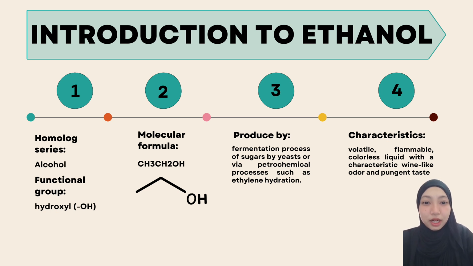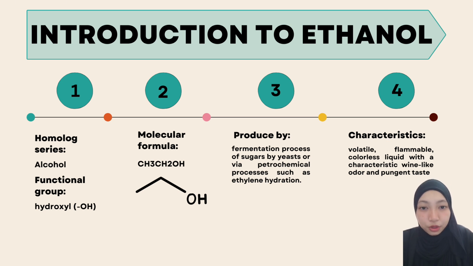So for the introduction, ethanol is in the alcohol group with the functional group hydroxyl, OH, and the molecular formula is CH3CH2OH, with 2 carbons and 6 hydrogens. The functional group of ethanol, which is OH, is attached to carbon number 1.